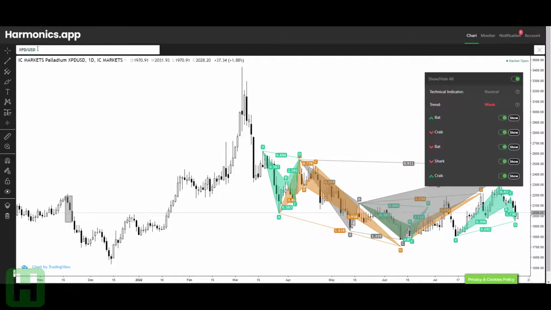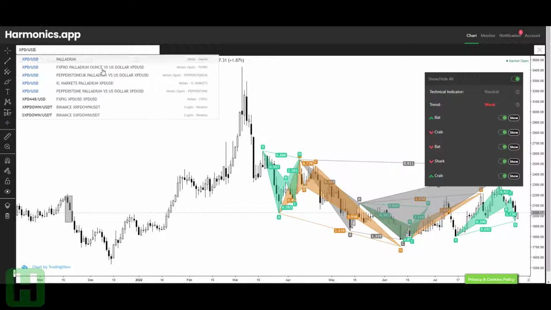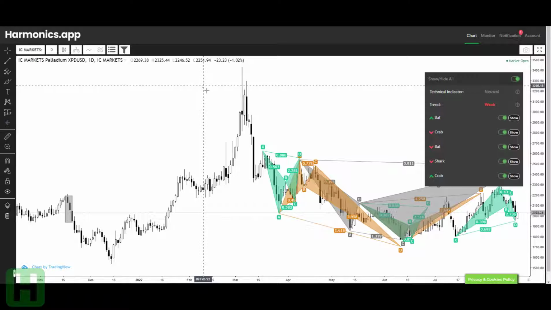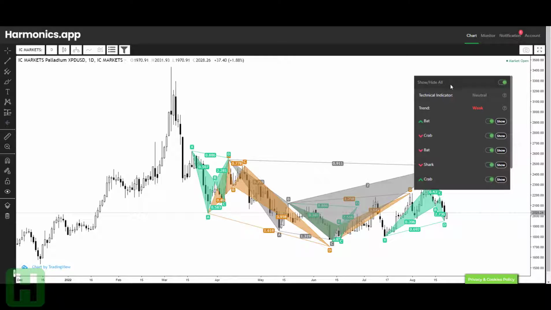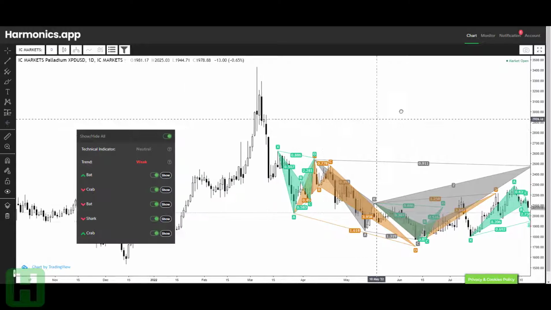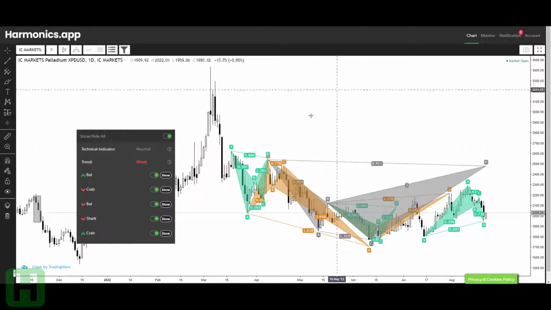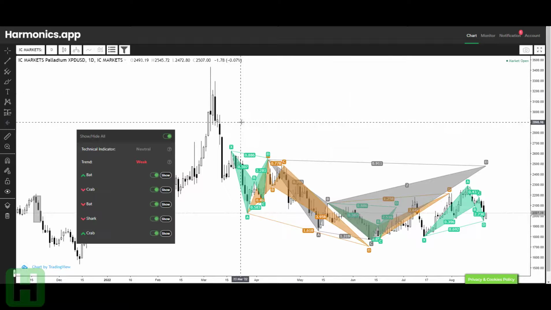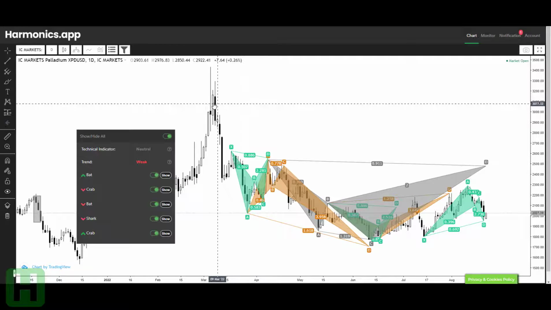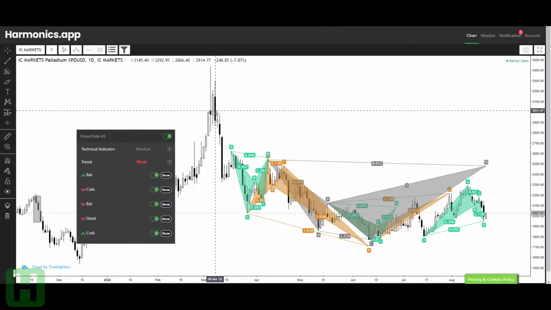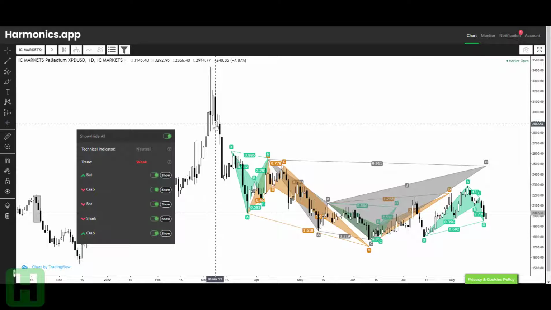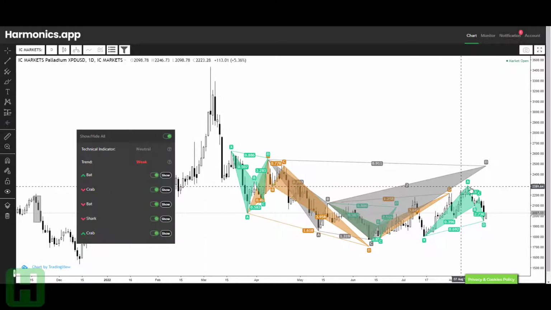Okay, I'll put palladium here and select IC Markets, because this is the broker I am trading with, and then I get this chart. Have in mind that I have changed the background to white, and the candles are white and black. The black ones are bearish and the white ones are bullish.